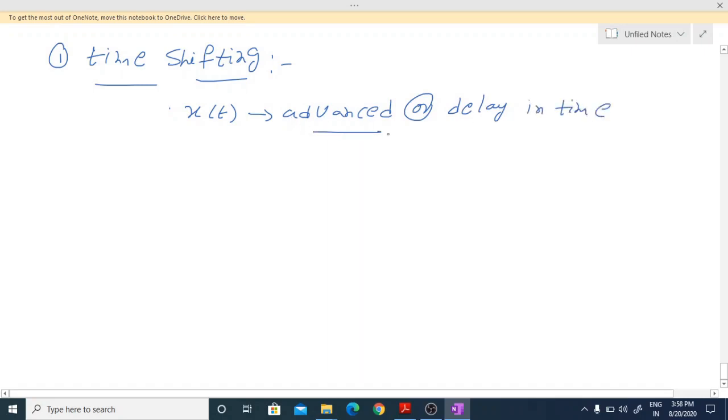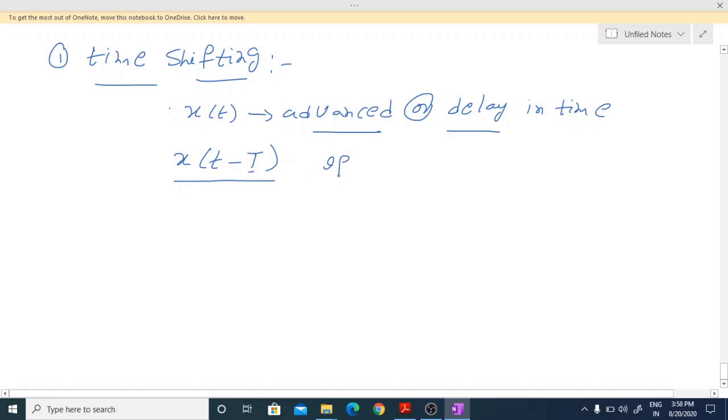This type of operation is called time shifting operation, and it is defined with x of t minus capital T.